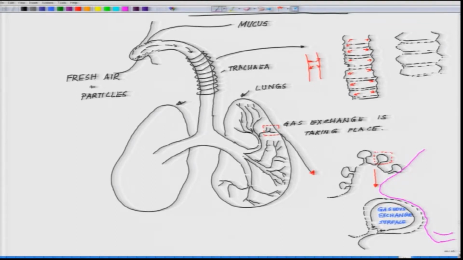So, the blood is coming like this. The arrow, the pink color, is showing the blood vessel moving like this, and it leaves the site like this.